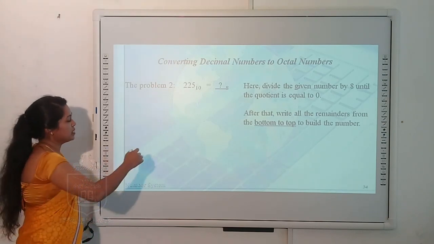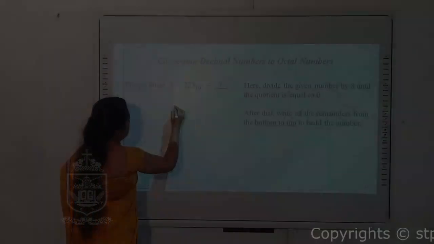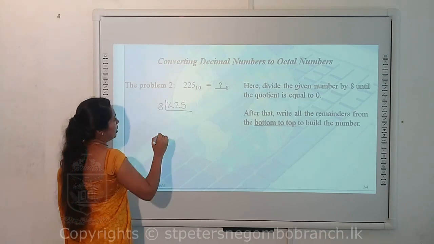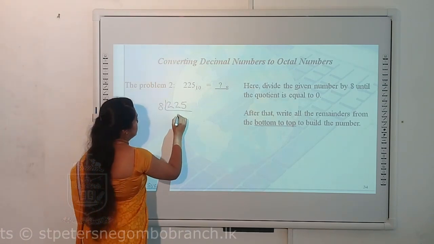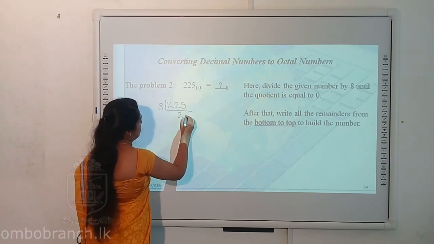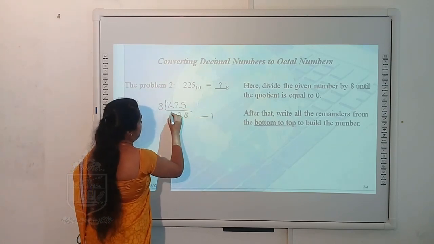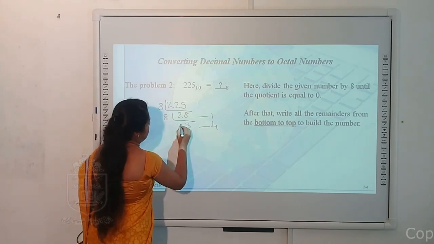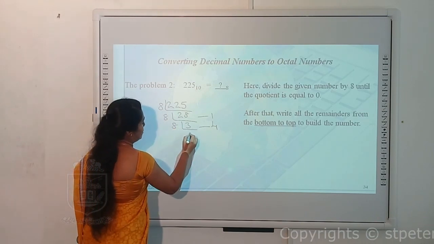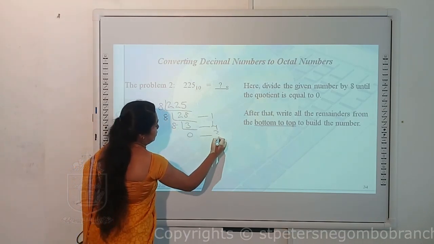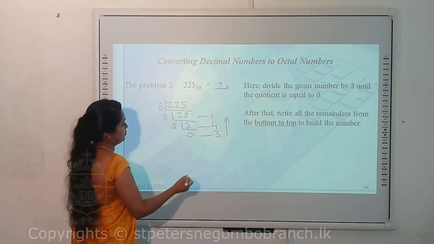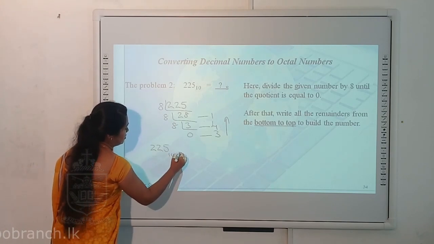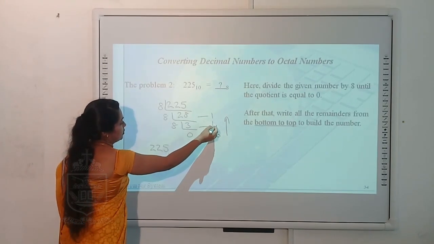Then how to convert this number into octal? 225 divided by 8. Two hundred and 25 is 10 equals to 300.